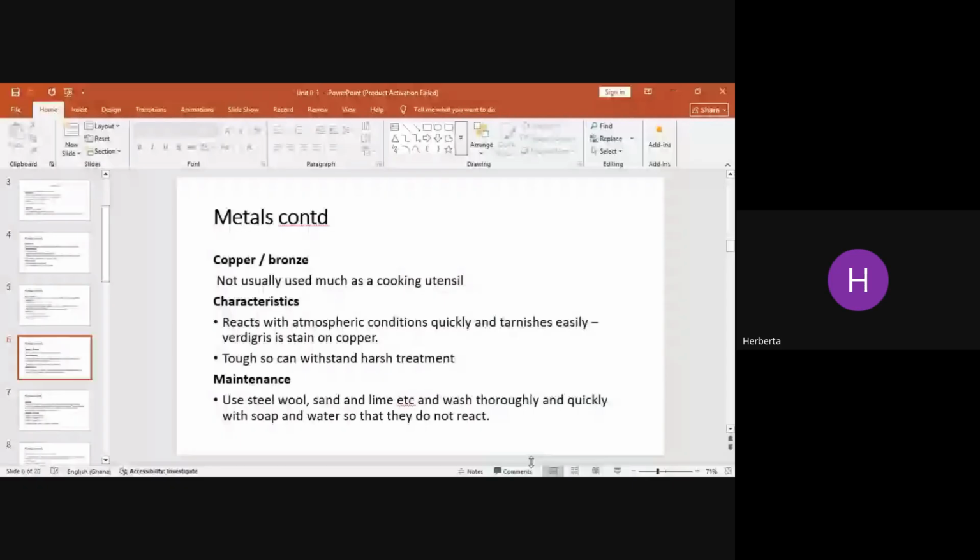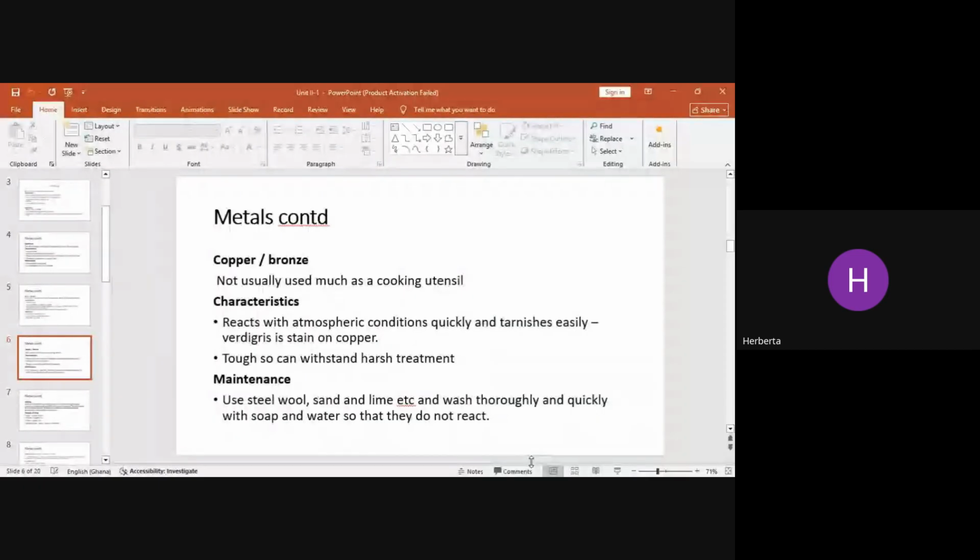Tarnishes are stains on metals, so tarnish applies to all metals. Any stain that you find on metals is called tarnish. But the stains that are found on copper are called verdigris.